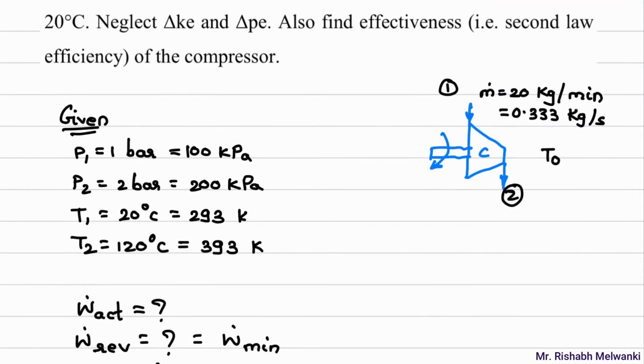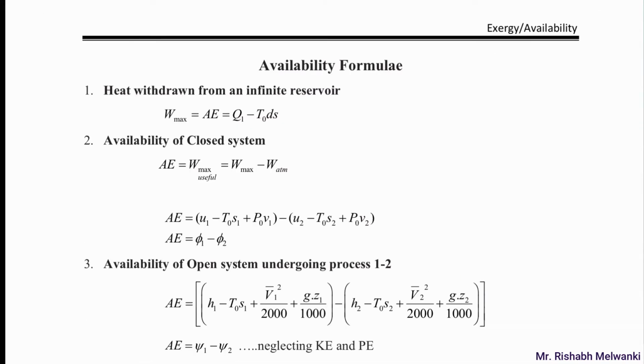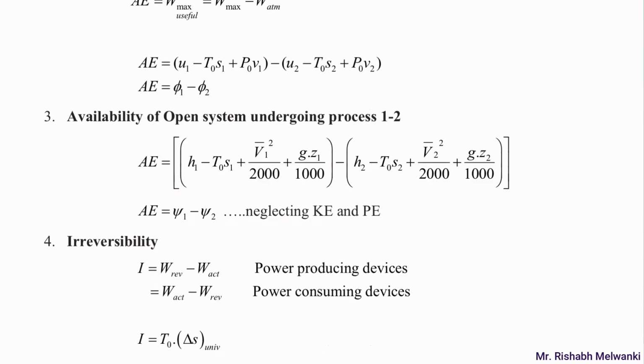Next part of the question: neglect change in kinetic energy and potential energy. While deriving the formula of availability, this is the formula list of availability, we had found the availability as psi 1 minus psi 2, and I had told you that while writing psi1 and psi2, I am neglecting change in kinetic energy and change in potential energy.